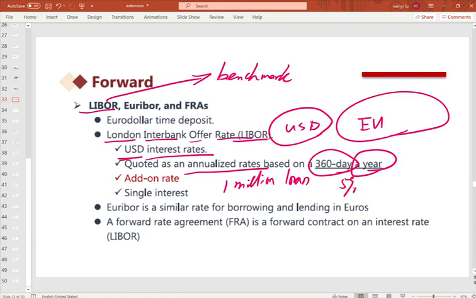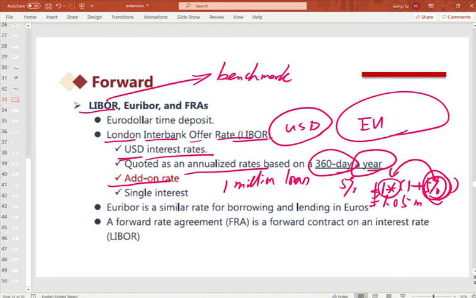So how much you will pay back will be 1 times 1 plus 5%. This 5% will be additional, so you will pay $1.05 million in total. That's called an add-on interest rate. You will not just pay the principal, you will also pay the interest based on the principal, using the LIBOR rate.